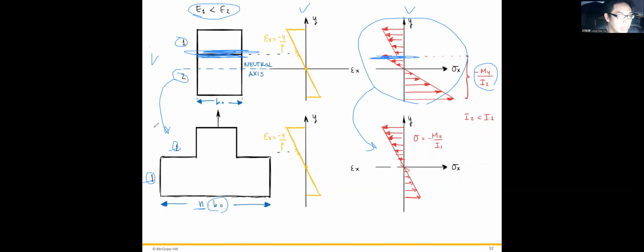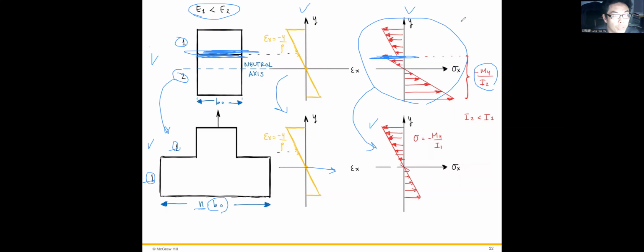Therefore, this case and this case are the same, and the strain distribution still remains like this. However, its normal stress distribution will become linear.